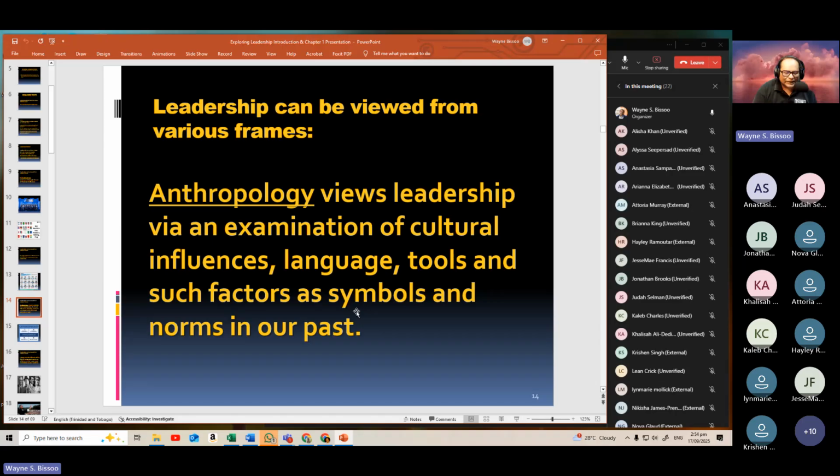So basically, in anthropology, we're talking about looking backwards, looking at past civilizations and examining how those cultures, those people, developed their leadership in their societies.